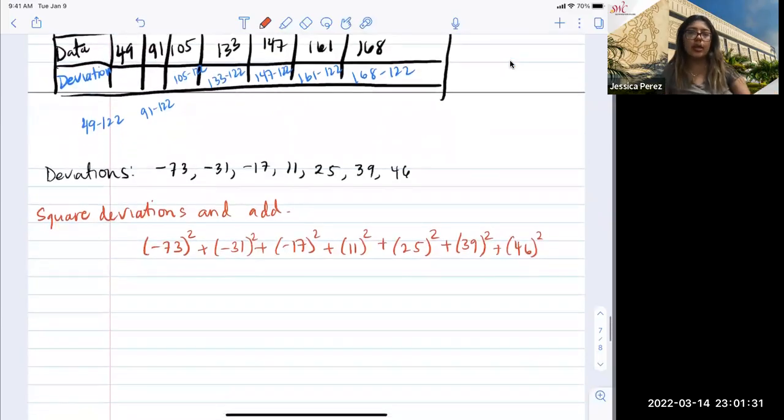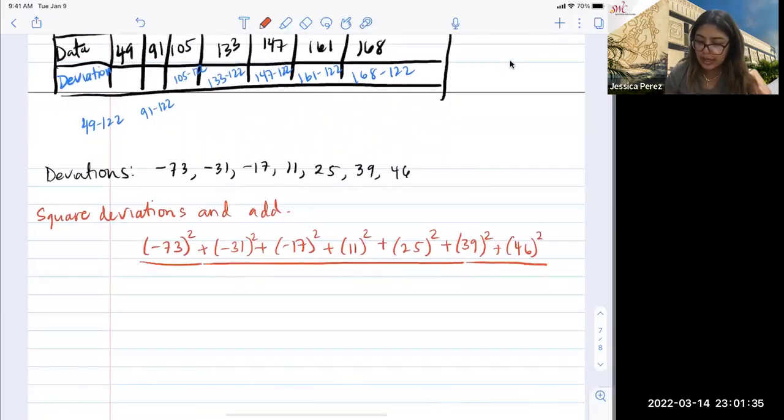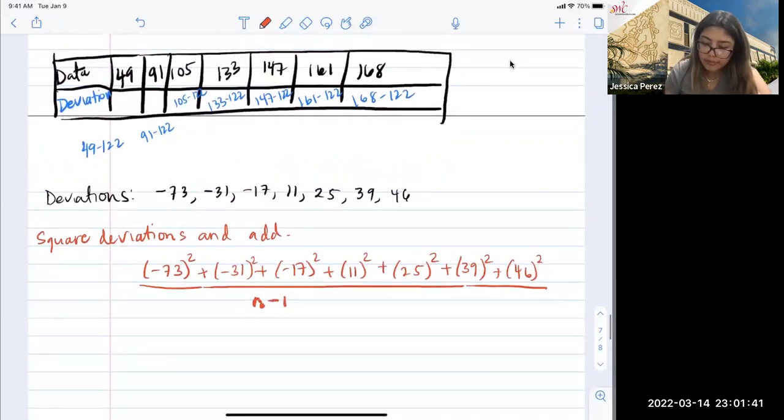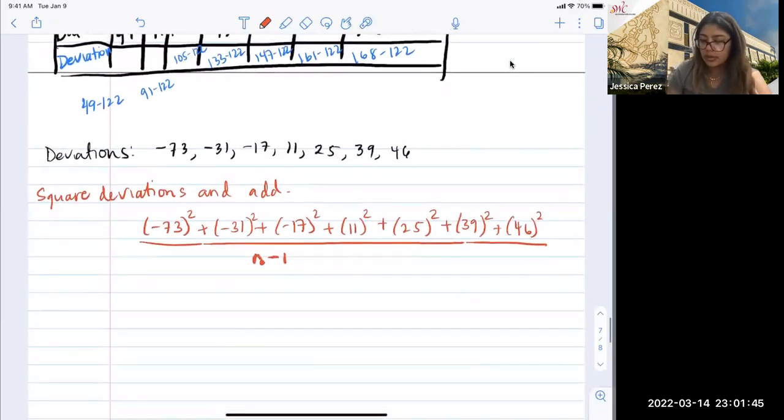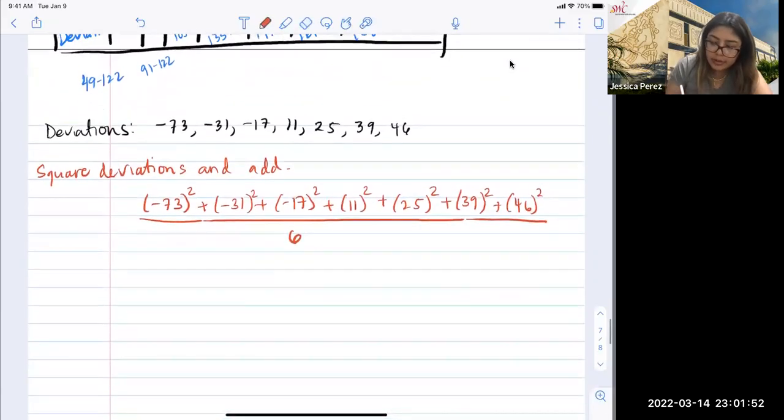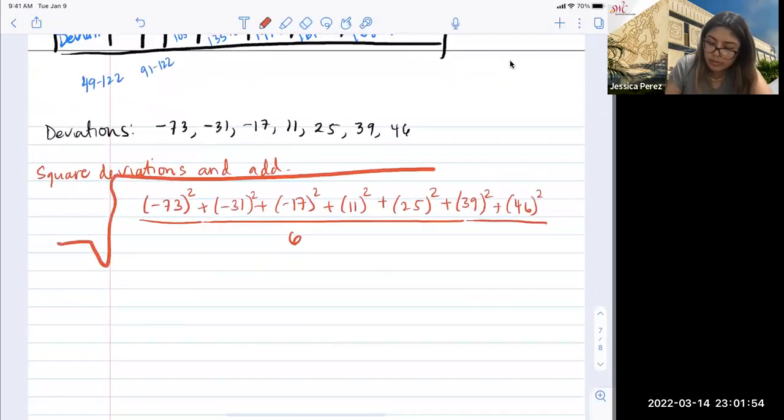So you're going to take this and divide it by n minus 1. Remember that n is the number of your data, 7. 7 minus 1. So you're going to take that number and divide it by 6. Then you're going to take the square root of this number.